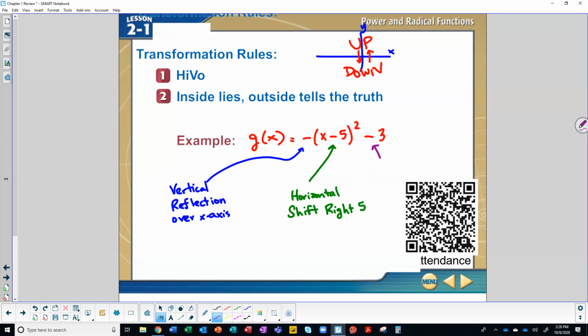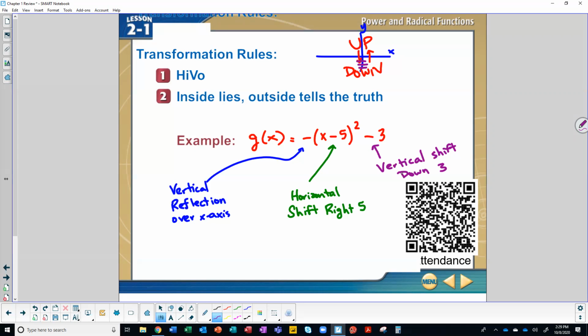You said outside, so if it's outside, what does the V stand for? Vertical. Anytime you add or subtract, it's always a shift. Outside tells the truth, so -3 means directionally down 3. Starting to feel like we've got that pretty good?